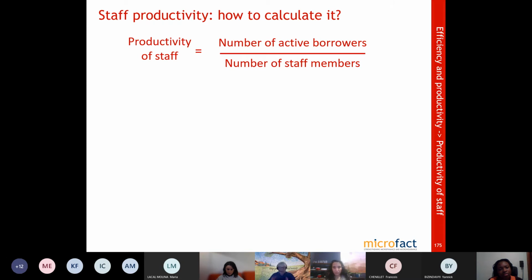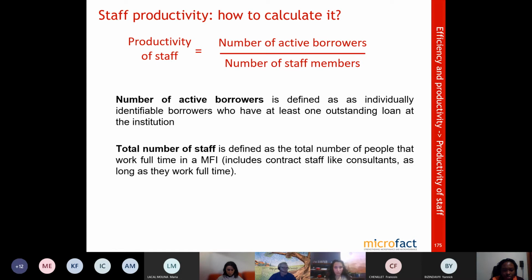But if you give a group loan, but your loan officers are visiting the individual members for follow-up, then it's more logical, of course, because it's much more work, that you include all the members and calculate all the individuals as active borrowers. But that's, I think, according to me, quite logical, and that's the most important.